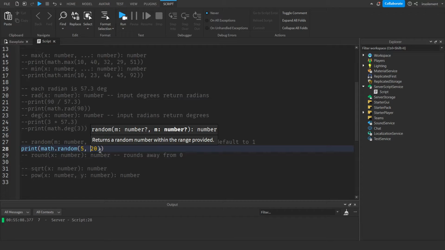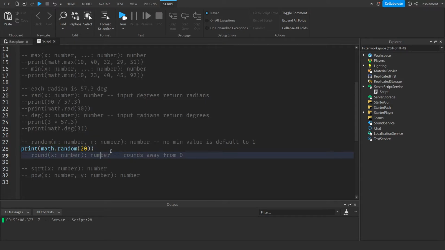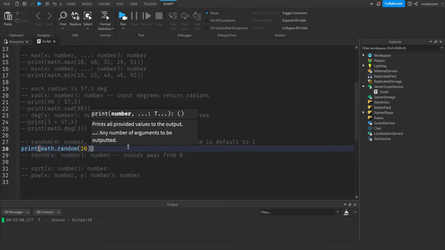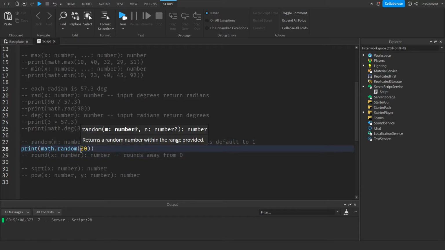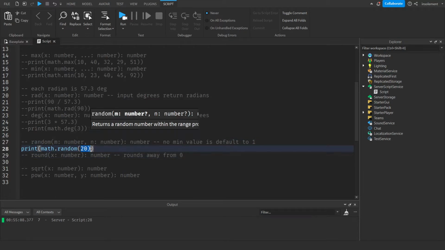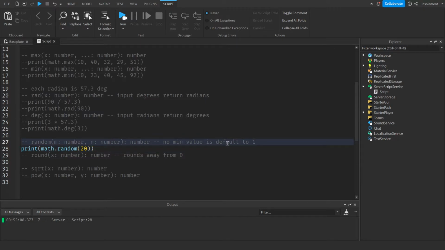But what if we were to put no number at the start? Well, if there's no two numbers, Roblox automatically detects that the first number of the value is defaulted to 1.